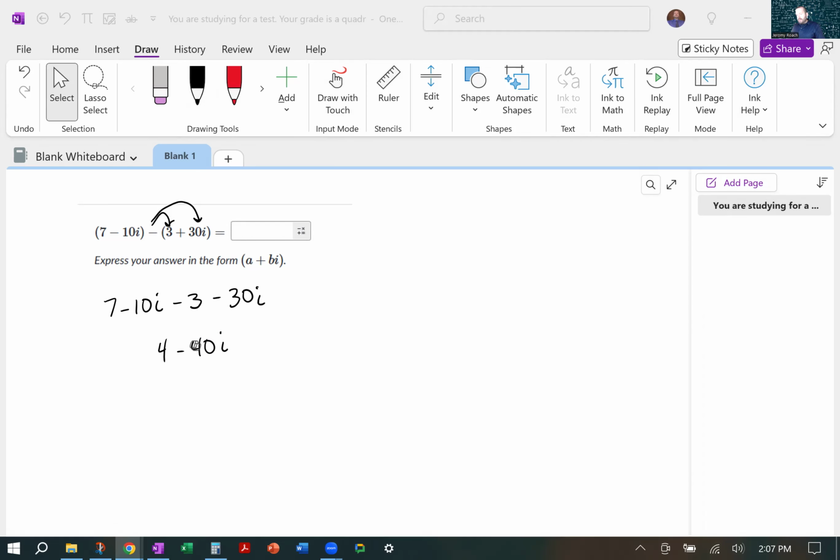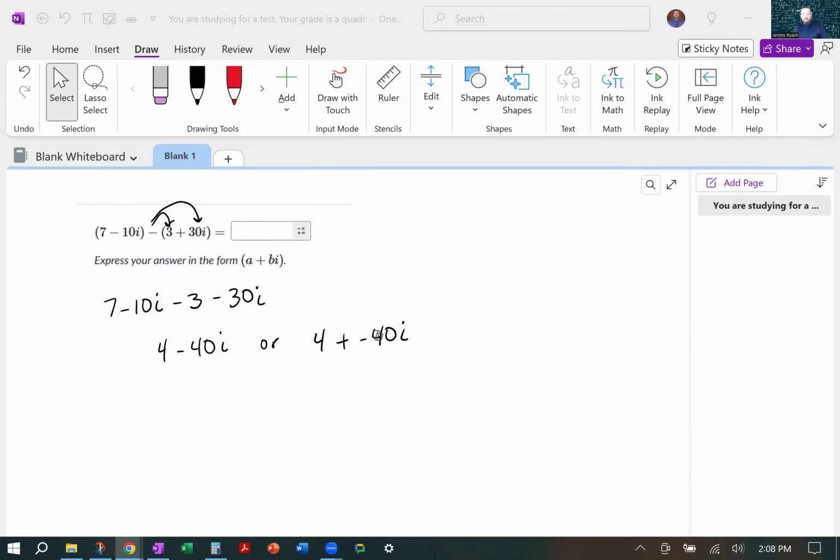I think maybe you could put plus negative 40i. Let's see if that. Yeah, it'll still let you type in your answer in that way. If you want to write it that way, you can say 4 plus negative 40i also. That's another acceptable way to enter that answer.